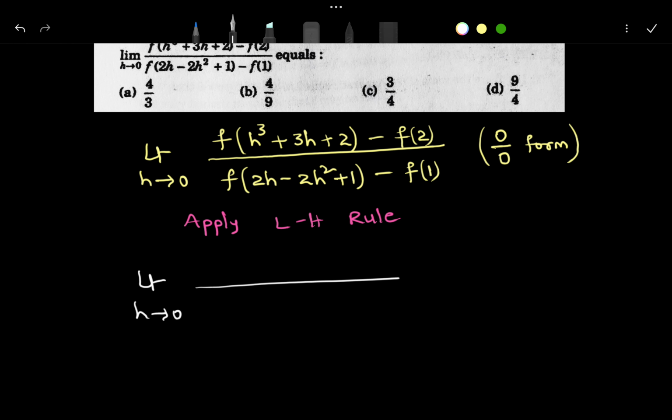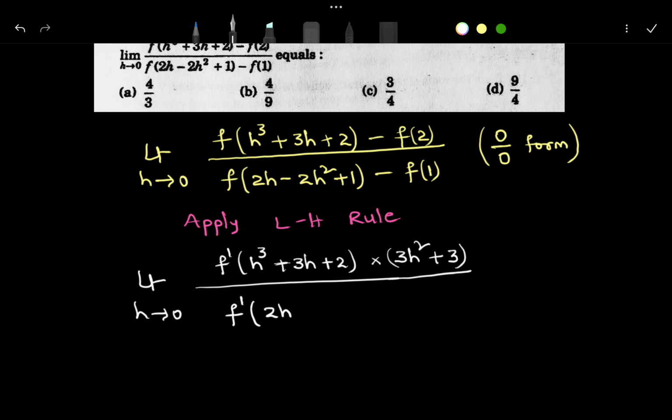What is the derivative of the numerator? f dash of h cube plus 3 into h plus 2 into 3h square, 3 into h square plus 3, okay, whole divided by f dash of 2h minus 2h square plus 1 into 2 minus 4 into h.